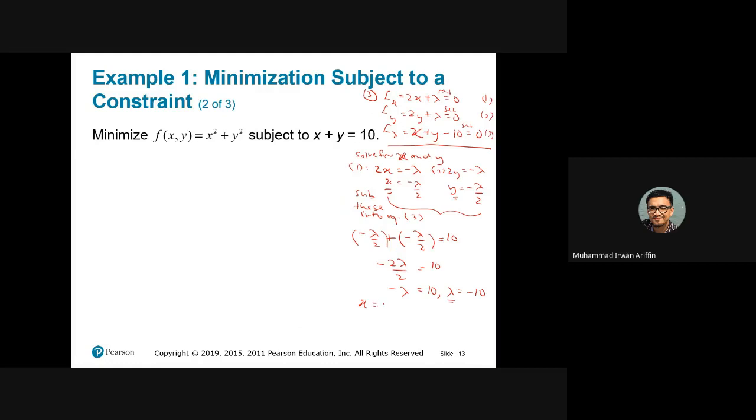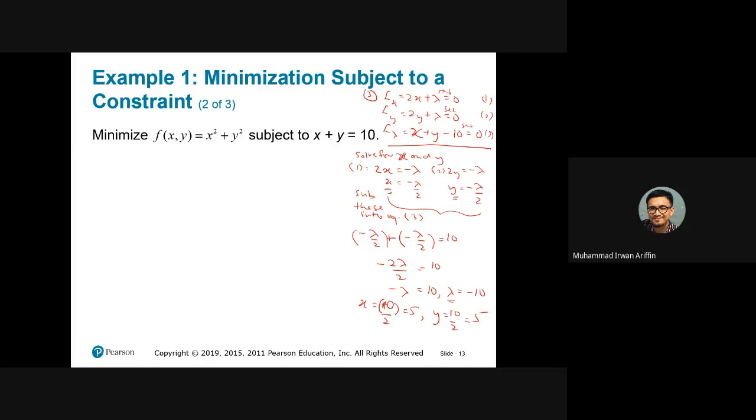If you're not sure, just do it. Negative lambda is 10, so 10 over 2 equals 5. And y equals negative lambda over 2, which is 10 over 2 equals 5.